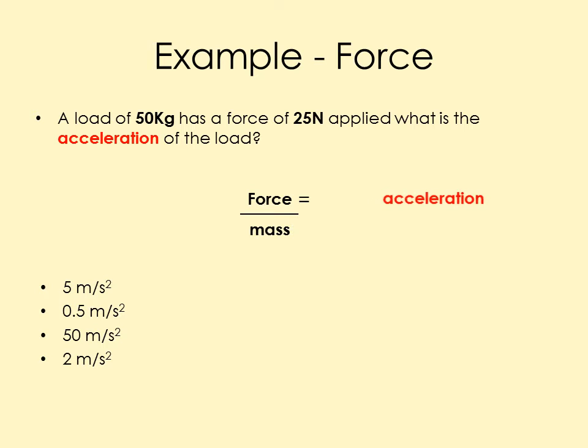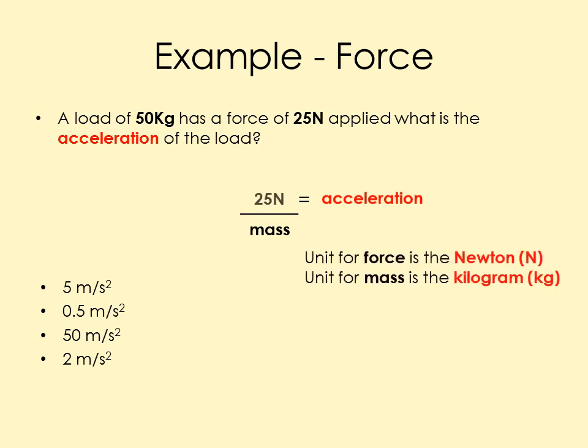This leaves us with a formula: force divided by mass will give us the acceleration. We substitute the known quantities of force and mass, 25 newtons, 50 kilograms, which gives us an answer of 0.5 meters per second squared.